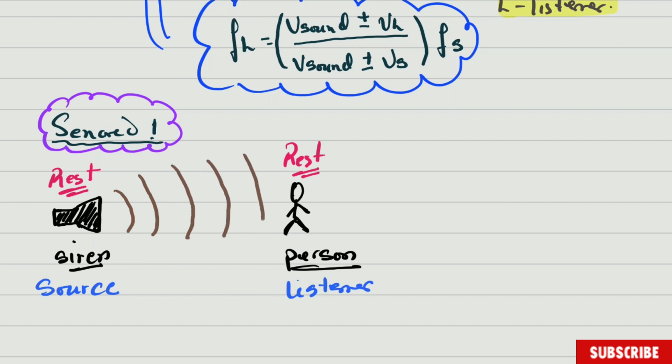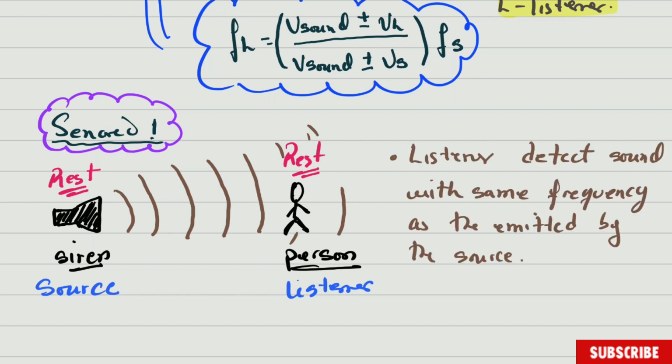All of them are evenly spaced, and the person will receive the same frequency as the source. So in this case, the listener is going to detect sounds with the same frequency as the ones emitted by the source. That happens when the two are at rest. Neither of them is moving.